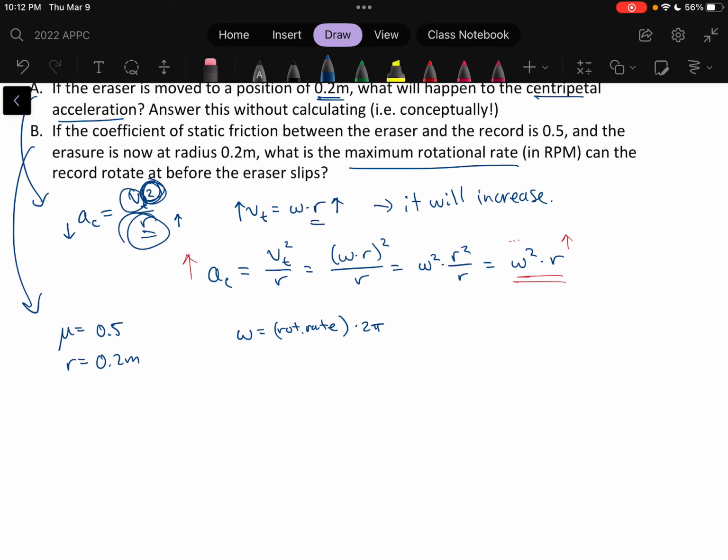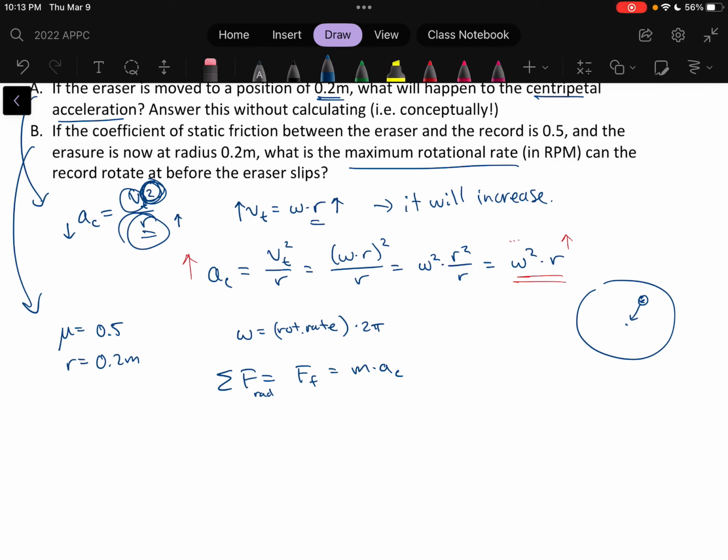First off, let's approach it from the idea that the net force is in the radial direction. With the record player and the little eraser on it, there's a force toward the center of the circle, and that force is being provided by friction. The only force along the radius is the force of friction, and that has to equal m times a, but because it's center-pointing, it's a sub c.